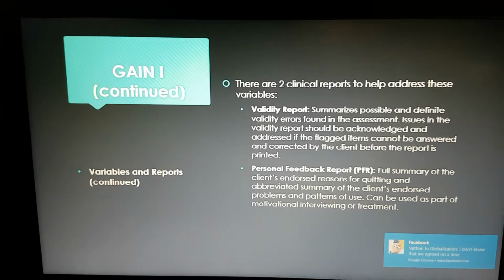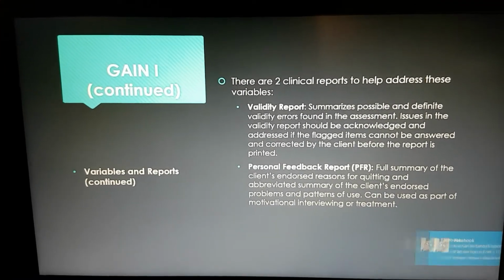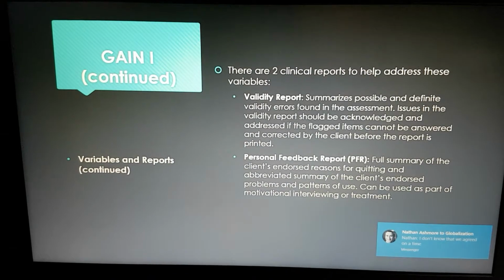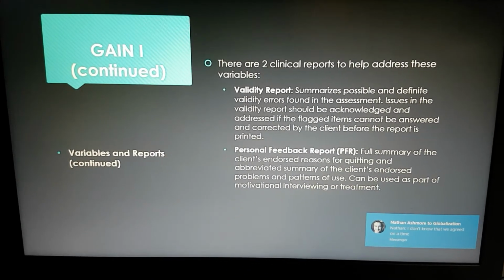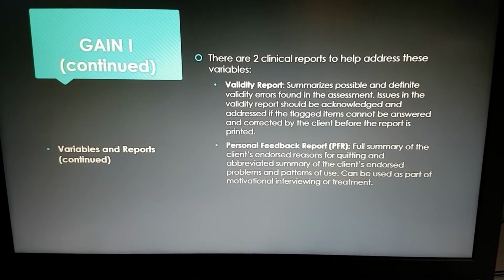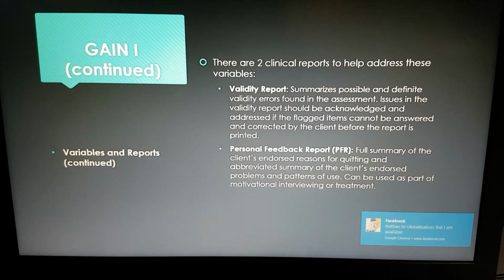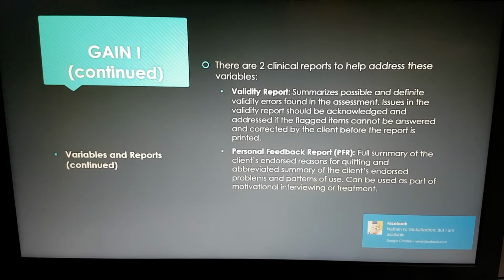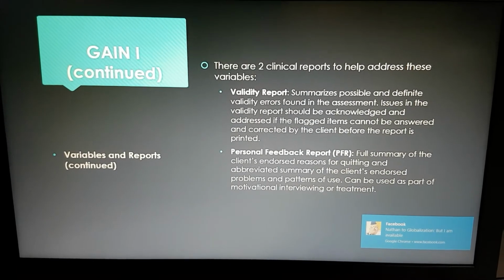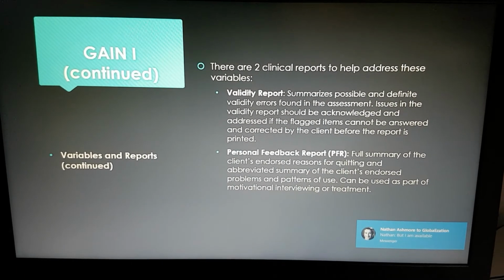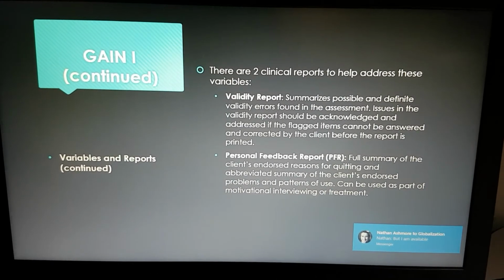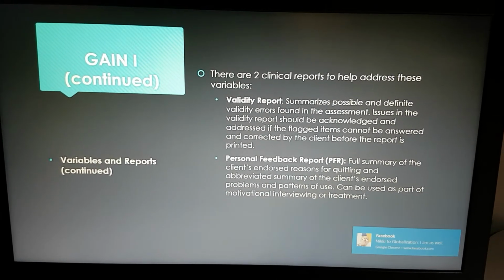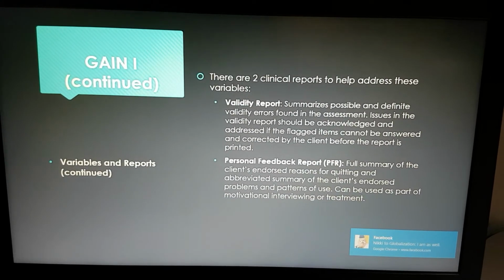Okay, and then speaking of those variables, there are reports needed. There are two clinical reports to help address these variables. The first is a validity report, which summarizes possible and definite validity errors found in the assessment. Issues in the validity report should be acknowledged and addressed if flagged items cannot be answered and corrected by the client before the reports are printed.